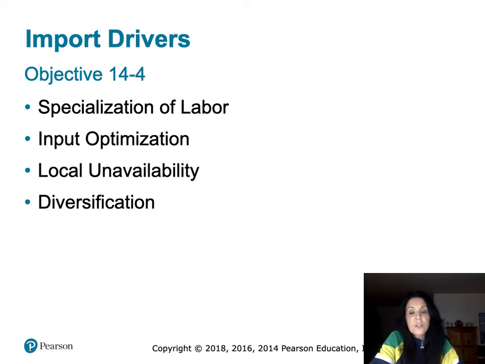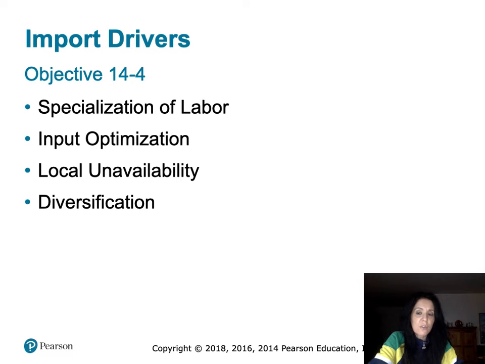The specialization of labor organizes production to achieve economies of scale, as well as exploit location economics, such as the advantage associated with different wage rates and material costs in different locations. The second motivation is input optimization.